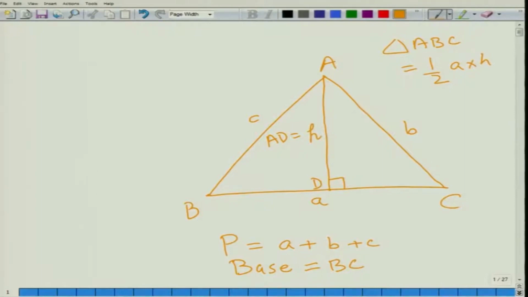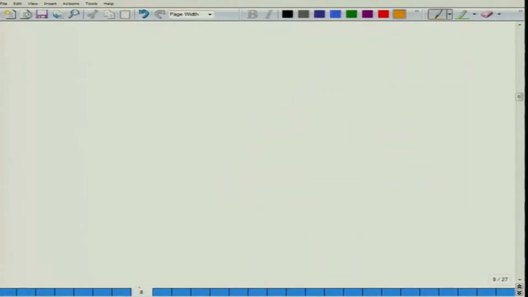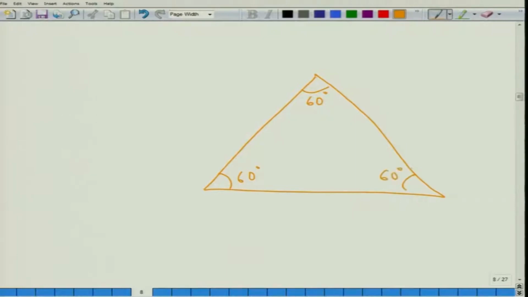An equilateral triangle is a triangle in which all the 3 sides are equal and all the 3 angles are 60 degrees. So, if we draw an equilateral triangle, we will have all these 3 angles as 60 degrees and all the sides are of the same length.